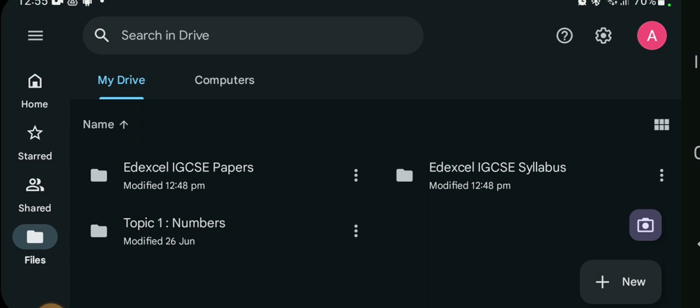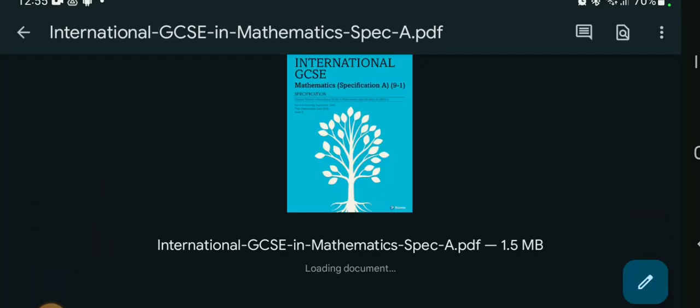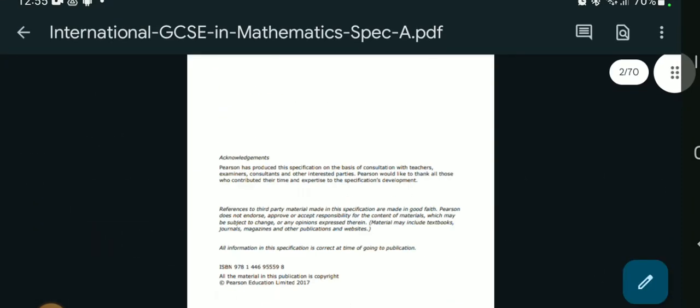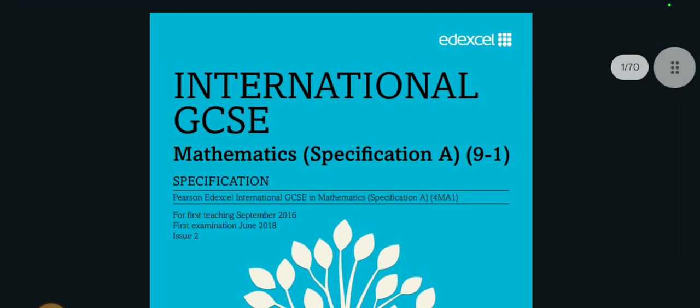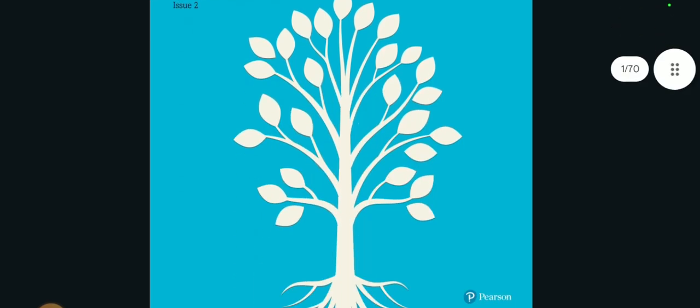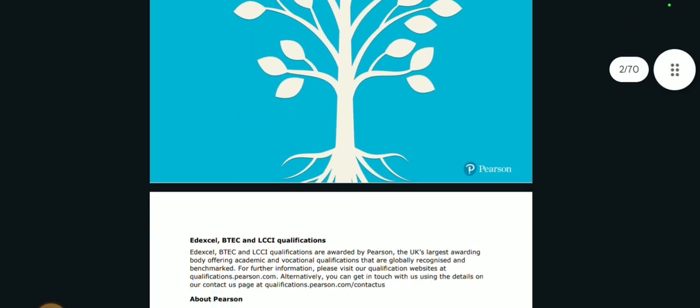Let's see the syllabus. This is the syllabus given on the Pearson Edexcel site for IGCSE. Your paper code is given over here, 4MA1.